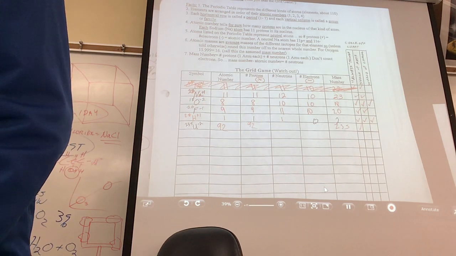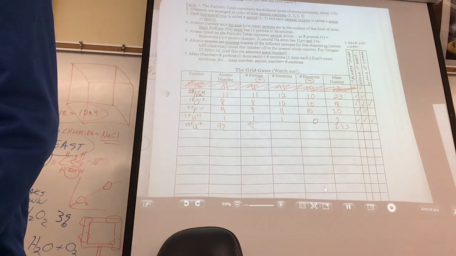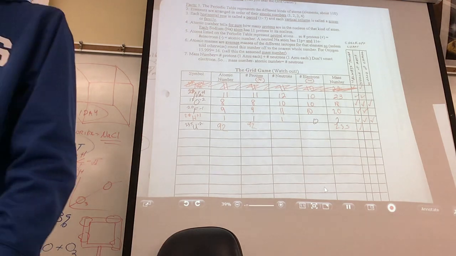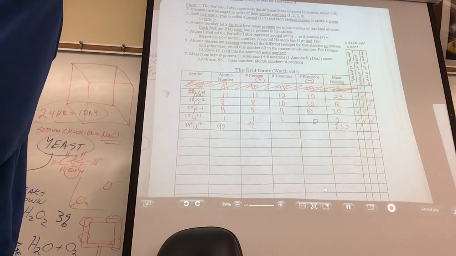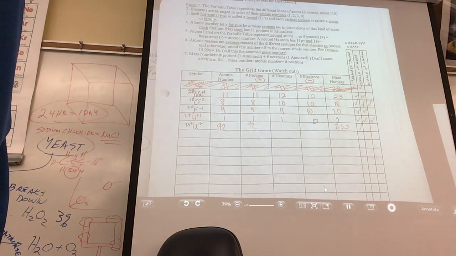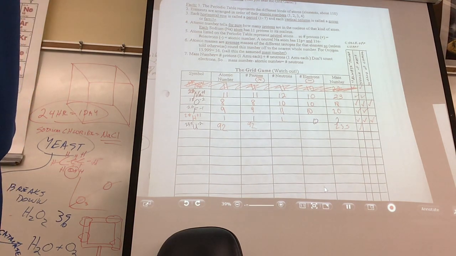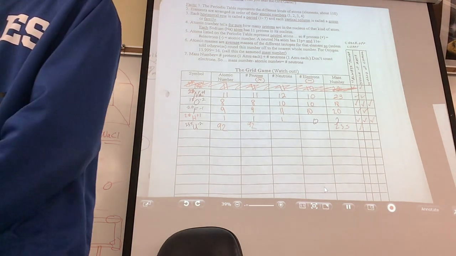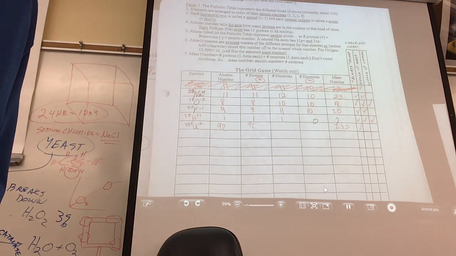And the number of electrons. Wait. We don't say the word electrons in the world of mass. Do we say neutrons? Yeah. So we have 90. What does mass number mean? Mass number is like how much it weighs. Yeah, but where's that mass come from? The periodic table.